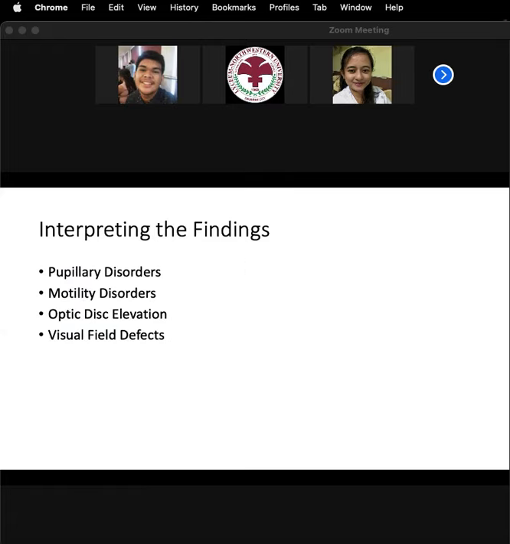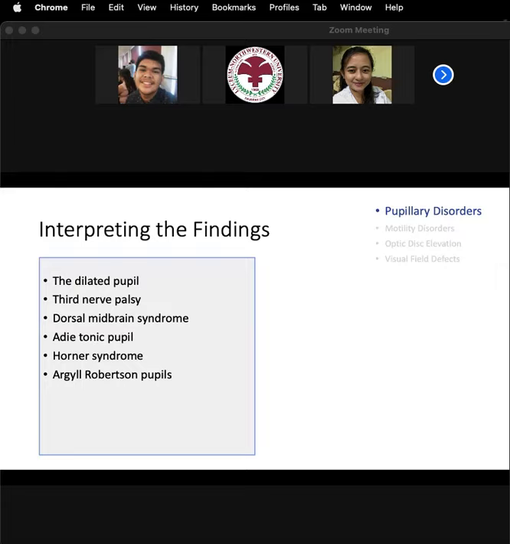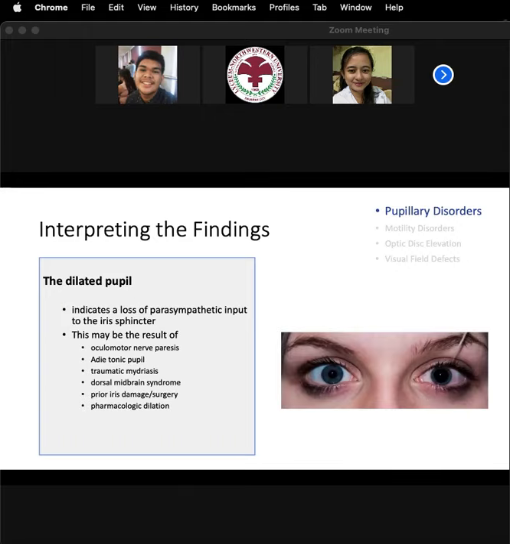So for pupillary disorder, you remember earlier, we tried to shine a light in front of the patient's eyes. So let's try to discuss the pupillary disorders that you might elicit. First is the dilated pupil. Usually, it's indicative of a loss of parasympathetic input to the iris sphincter.